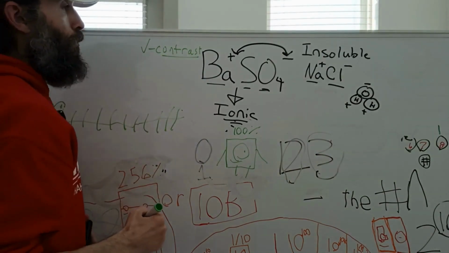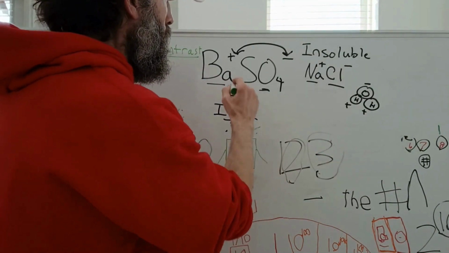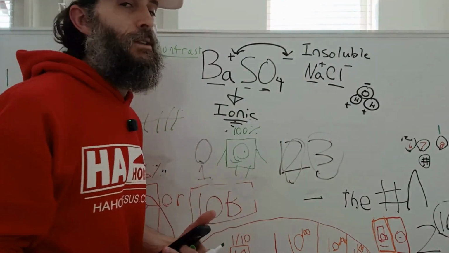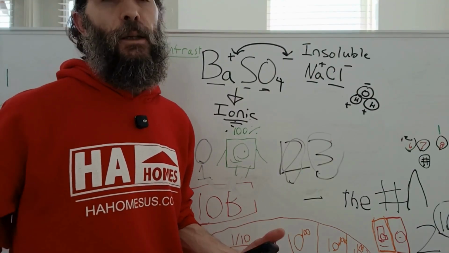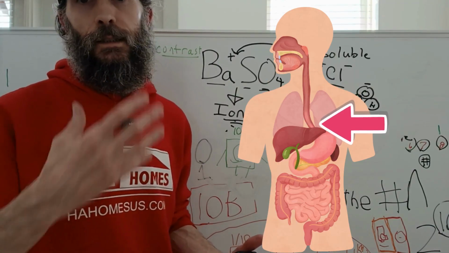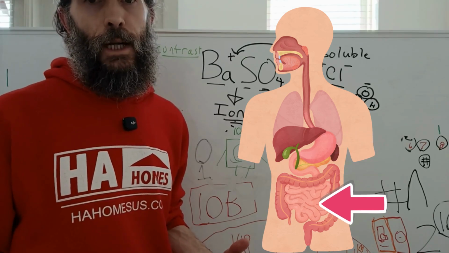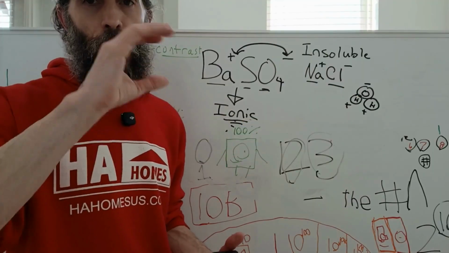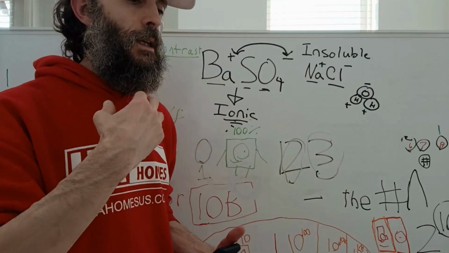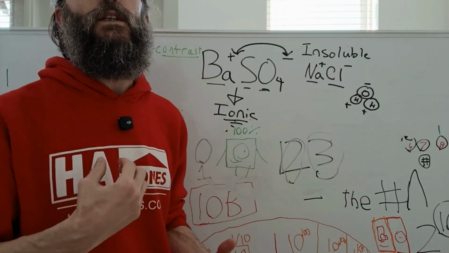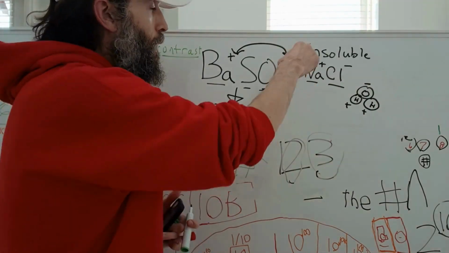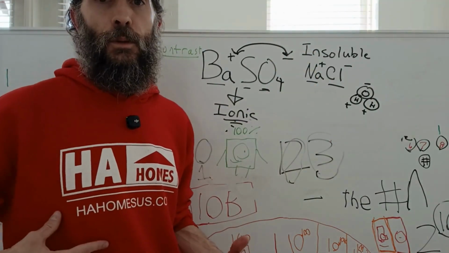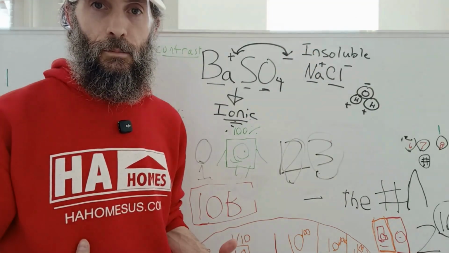Contrast for imaging. So because barium sulfate is insoluble, if someone is doing a barium swallow, because they're going to have a CT scan of their abdomen, their digestive system, they drink the chalky substance and then it coats the esophagus, the stomach, the intestines. Because it's insoluble, it doesn't get absorbed into the intestines, so it sits there.